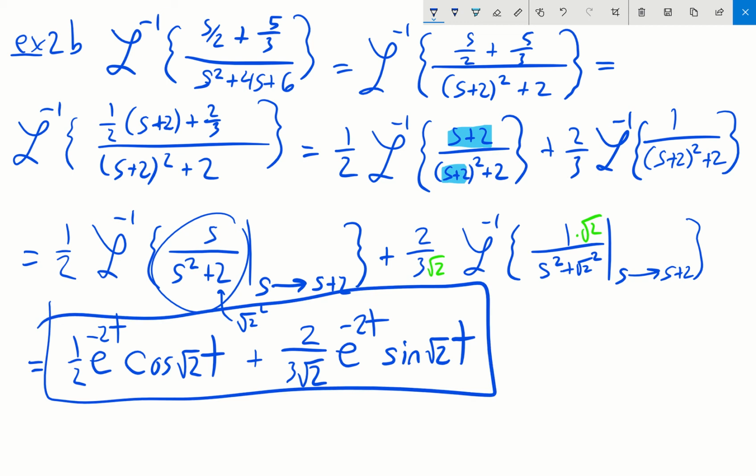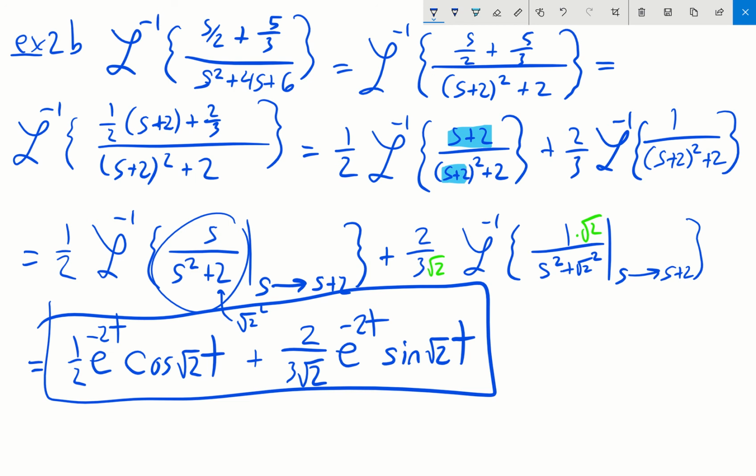So there is our inverse Laplace transform for this one. It's 1/2 e to the negative 2t cosine of the square root of 2 t plus 2 divided by 3 square root of 2 e to the negative 2t sine of the square root of 2 t.